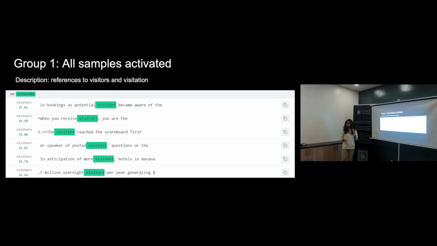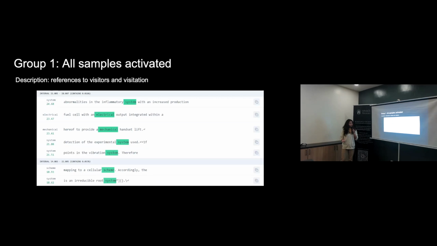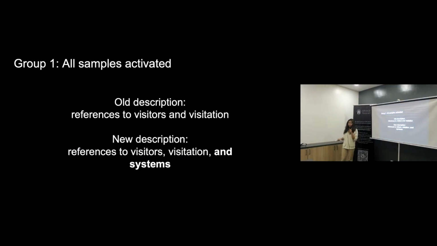But you can also see that some of them activated for things that are not references to visitors at all. You can see that it activates strongly for systems. So based on that, we can derive a better description than the old description that was given to it.